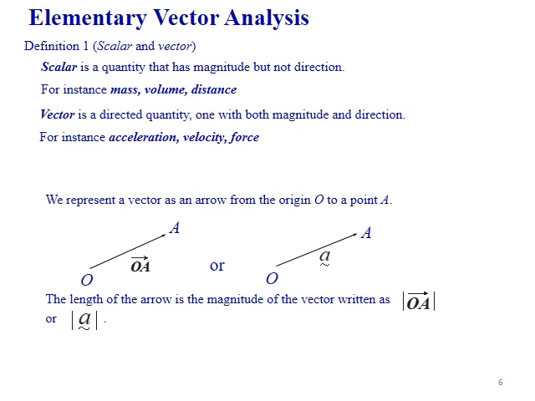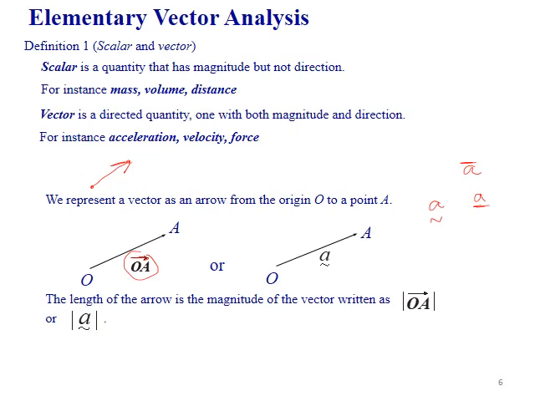Usually, a vector is represented by an arrow in this way, having a tail and a nose. As an example, this is OA, written with an arrow above to say that this is a vector. Sometimes it's written with a line above.